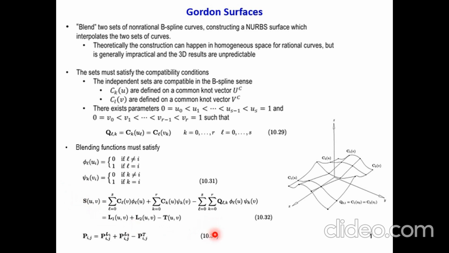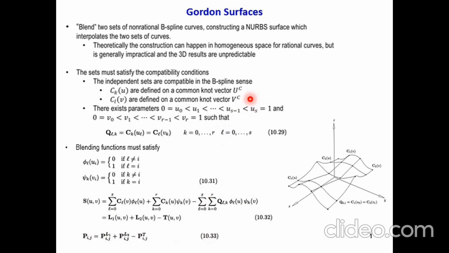And because of this very simple condition, we end up with 10.32 as our equation that actually describes what a Gordon surface is. L1 and L2 and T, I will get into a little bit later. And then 10.33 also arises from this very simple condition.